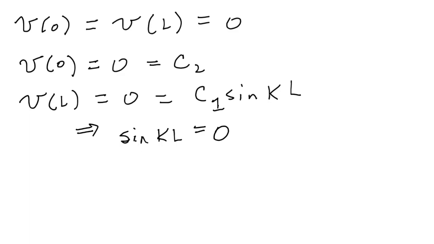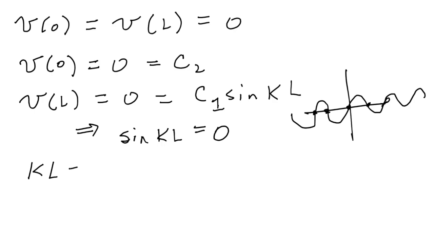Okay, so we know that the sine function just keeps going forever, right? And so it has an infinite number of locations where it's equal to 0. And we know that if KL is equal to n pi, n equal to 1, 2, etc. forever, then the sine function is equal to 0, right?